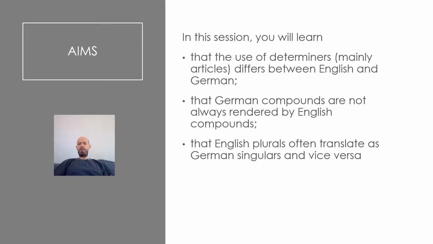And English plurals often translate as German singulars and vice versa. Cattle, for instance, which looks like a singular noun, is used with a plural verb. And there are other instances like that which are quite interesting and which translators need to familiarize themselves with.